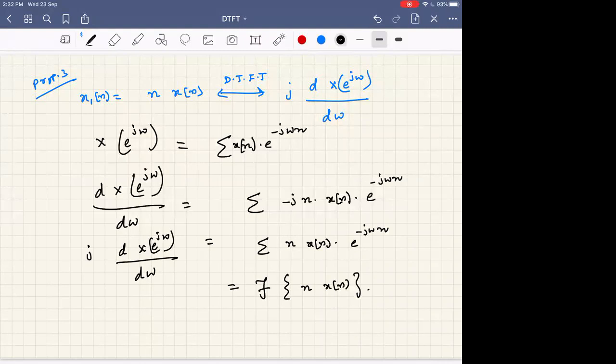So this is simpler, because we can see what will happen: the differentiation in the frequency domain will lead to multiplication with n times x of n.